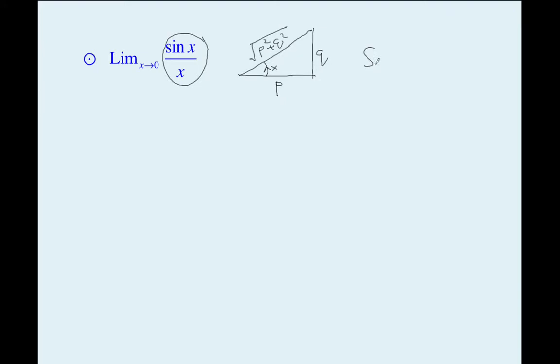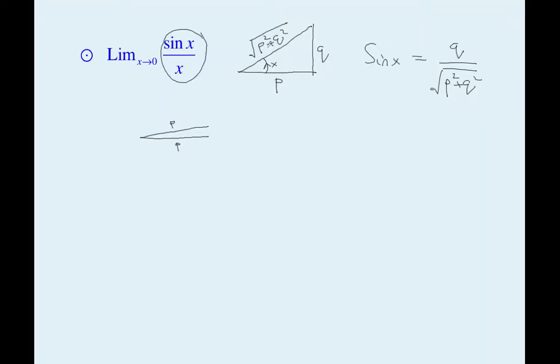As you certainly recall, sine of x is Q divided by the length of the hypotenuse, which is the square root of P squared plus Q squared. We're going to be interested when x is very, very small, which means Q is very, very small. And so we have a situation now where if this length is P, then this length over here is almost P, because the square root of P squared plus Q squared is very close to P itself.